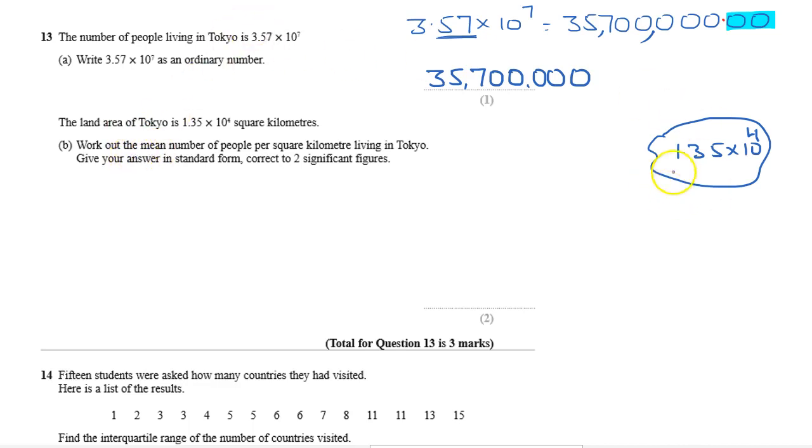And the population, the people who are staying here, is 3.57 into 10 to the power 7. This is the number of people staying. Work out the mean number of people per square kilometer. So we have to find people per square kilometer.